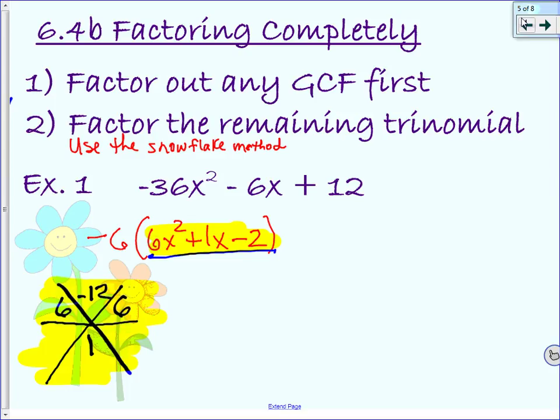Negative 3 and 5. So they have to multiply to negative 12.